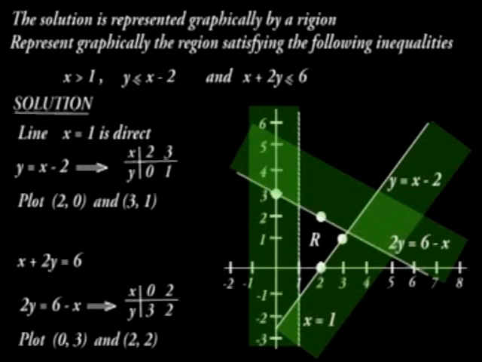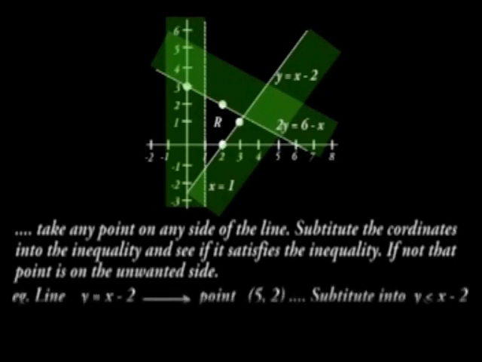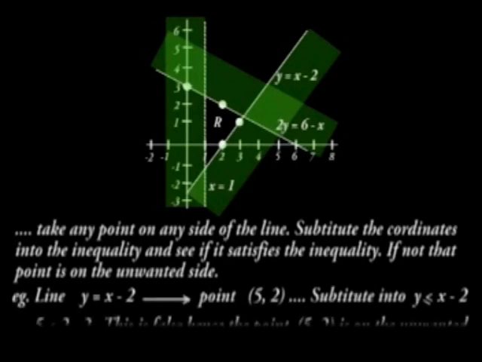To get the required region, take any point on any side of the line. Substitute the coordinates into the inequality and see if it satisfies the inequality. If not, that point is on the unwanted side of that line. For example, taking line y is equal to x minus 2, let's take a point 5, 2.